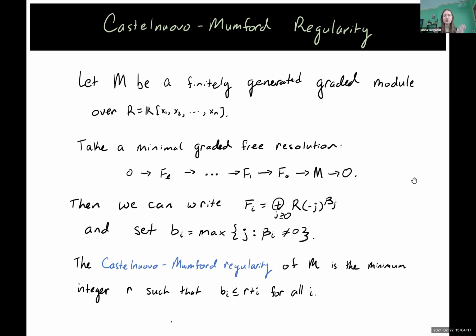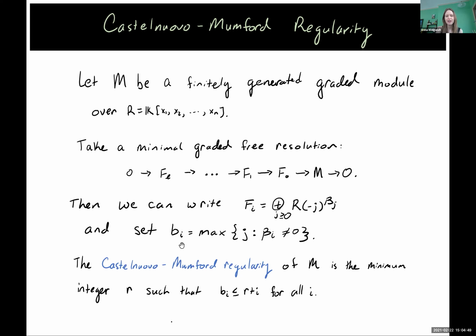So we start with a finitely generated graded module over some polynomial ring and take a minimal graded free resolution. So you have different copies of your ring R, and you might have to do some degree shifting around. What you're going to do is try to get some measure of how complicated this free resolution is, so you are thinking about the degree shifts that are happening.